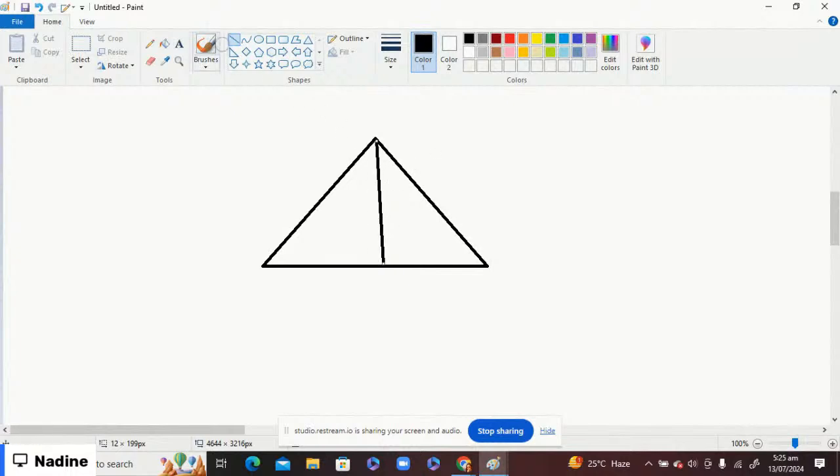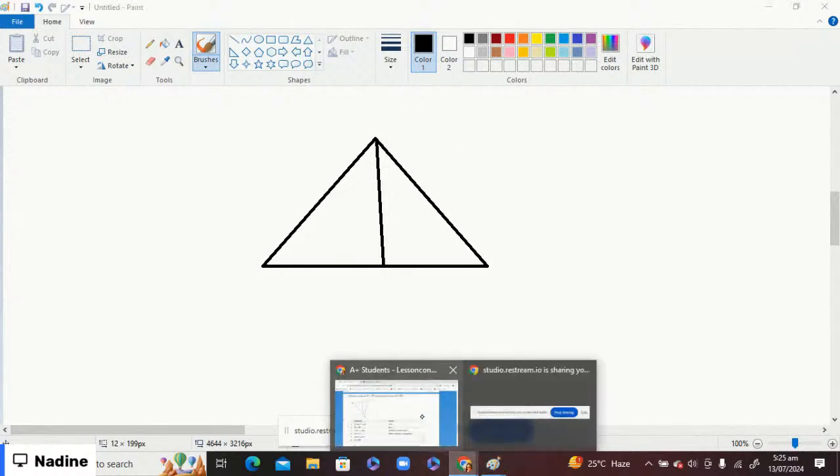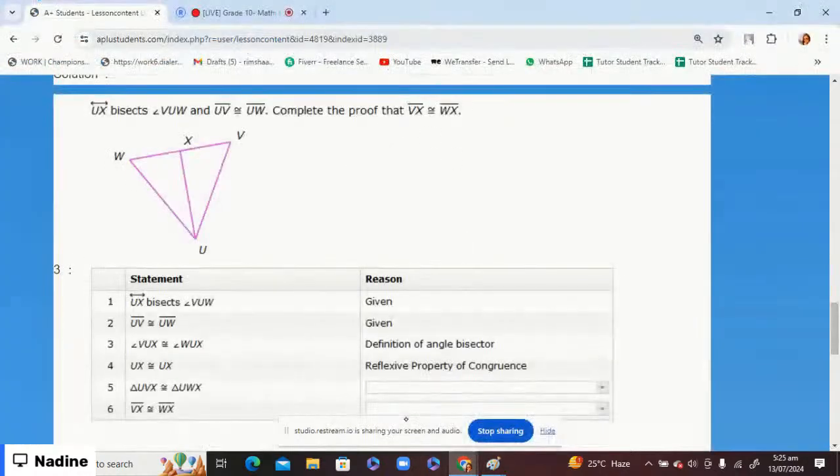Like this line is the bisector of this full angle, and they are saying that UV, this line, and UW, this line, are congruent, these lines are the same. So complete the proof that VX and WX are also congruent.